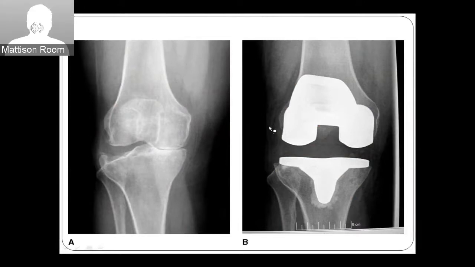There are various sizes because not everybody has the same size knee. During surgery, we cut it out and then glue those components with cement on both sides and then put in that piece of plastic.